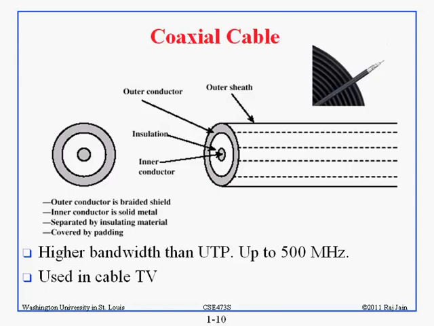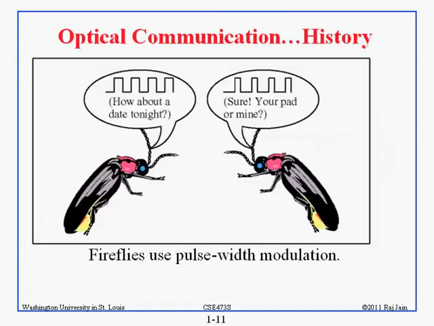Video requires a lot more capability than other things. It can go up to 500 megahertz, and it is used in cable TV. We don't really use it for data communication, because as time goes by, we are able to send more and more bits in the unshielded twisted pair UTP, so we don't need to worry about this kind of cable.